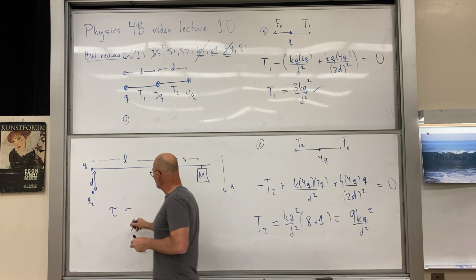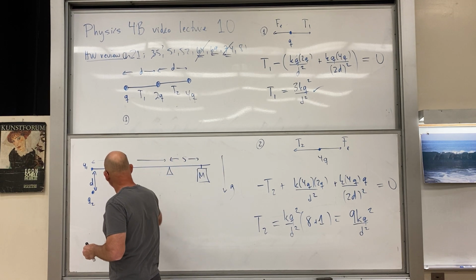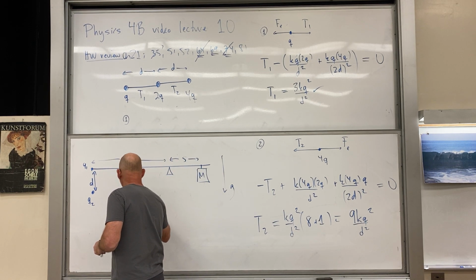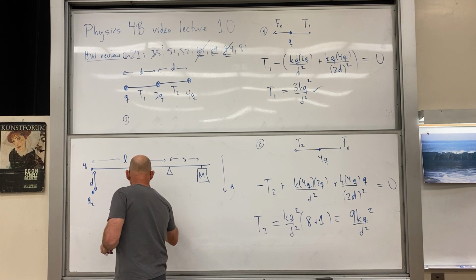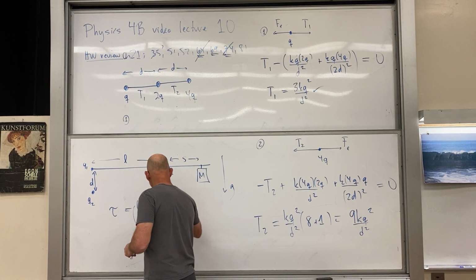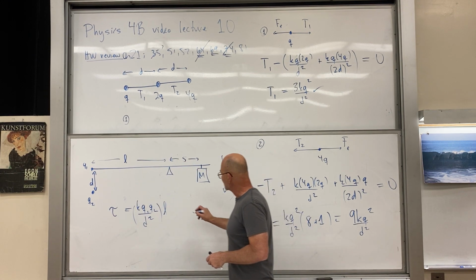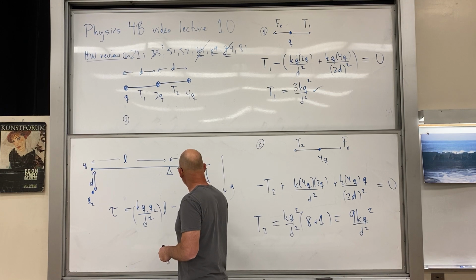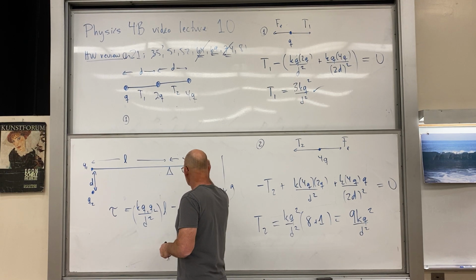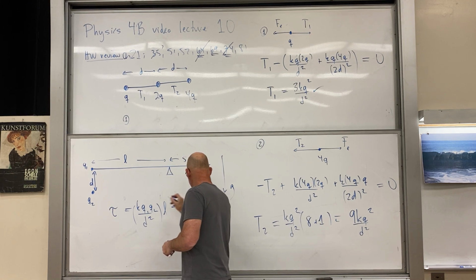So that torque will be, counterclockwise will be positive, it'll be K Q1 Q2 divided by D squared times L. That's the torque counterclockwise, and the clockwise torque is just going to be minus mg times s.